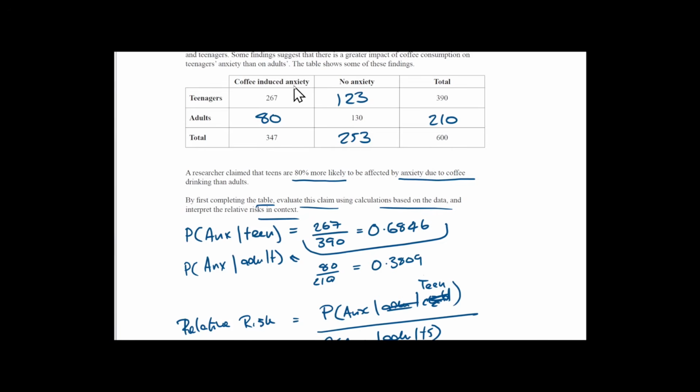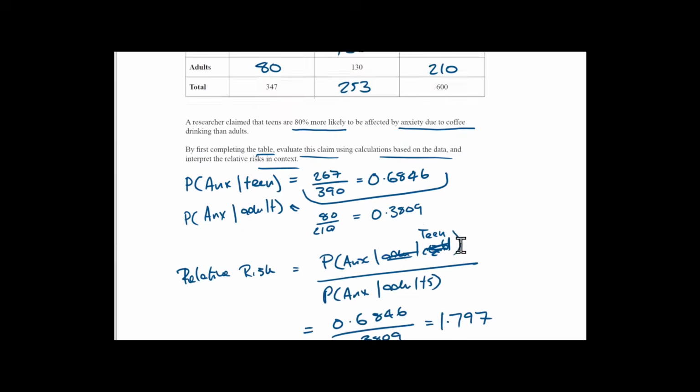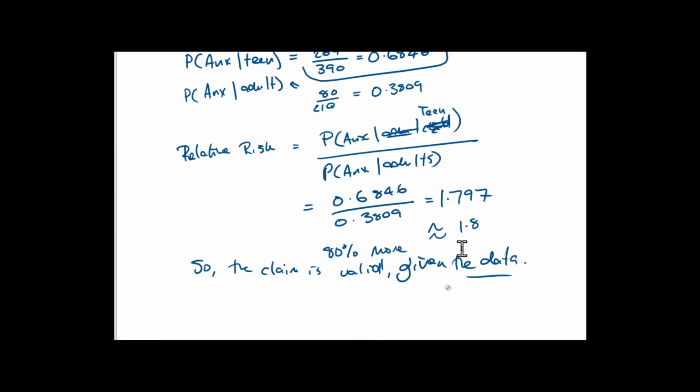Is all this anxiety induced from coffee? Is there something else, that teenagers are just more likely to get anxiety than adults, regardless of whether there's coffee involved? But we don't have enough information. So, given the information that we've got, the data is fairly kosher.